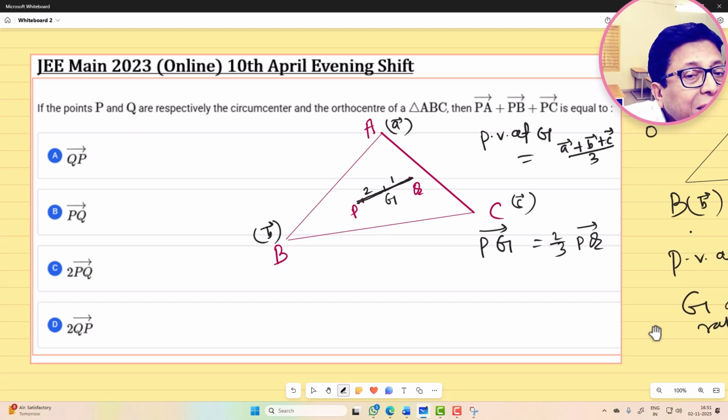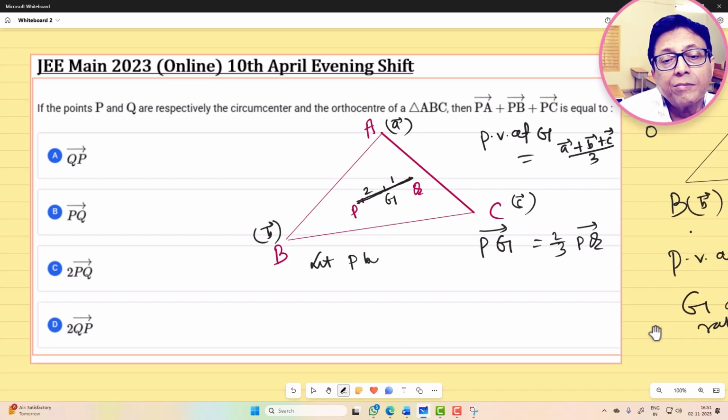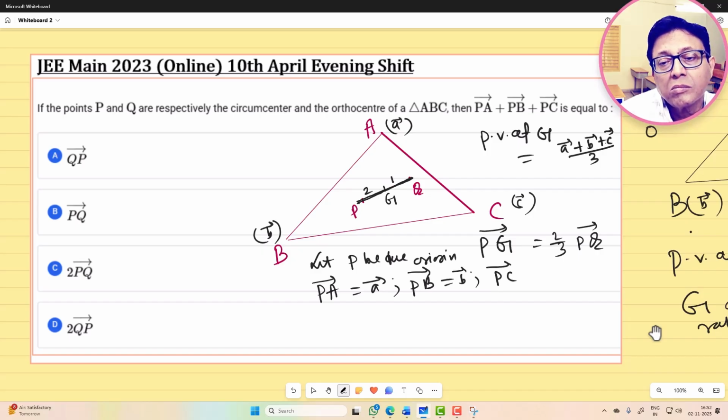What is the advantage? We can write the PA vector. Let P, that circumcenter, be the origin. Then the position vector of A is PA, and PB is B. It's alright.